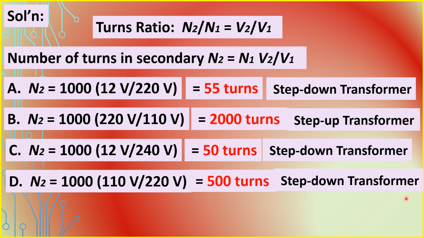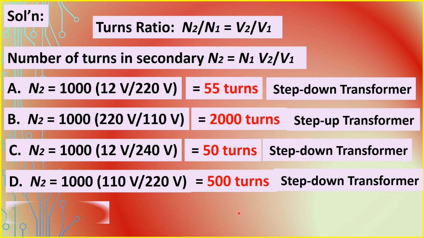And the question is asking for the ranking of the 4 transformers in terms of their number of turns in the secondary. We are to rank them from the greatest number of turns in the secondary to the smallest number of turns.